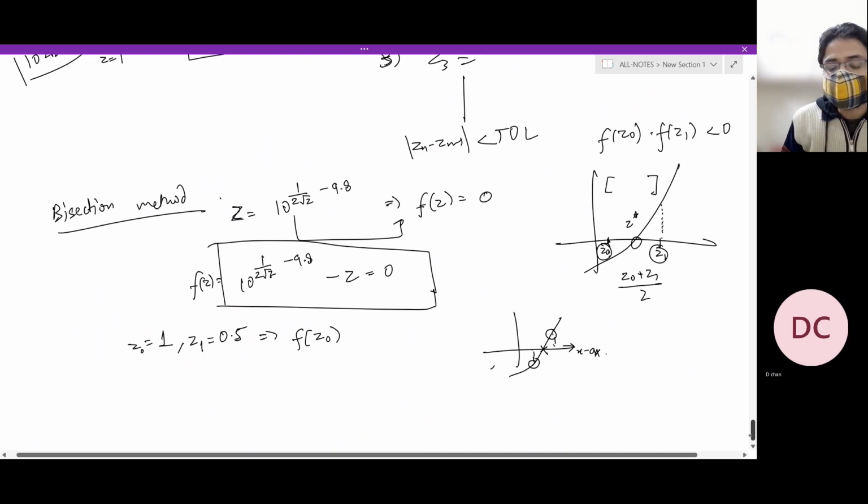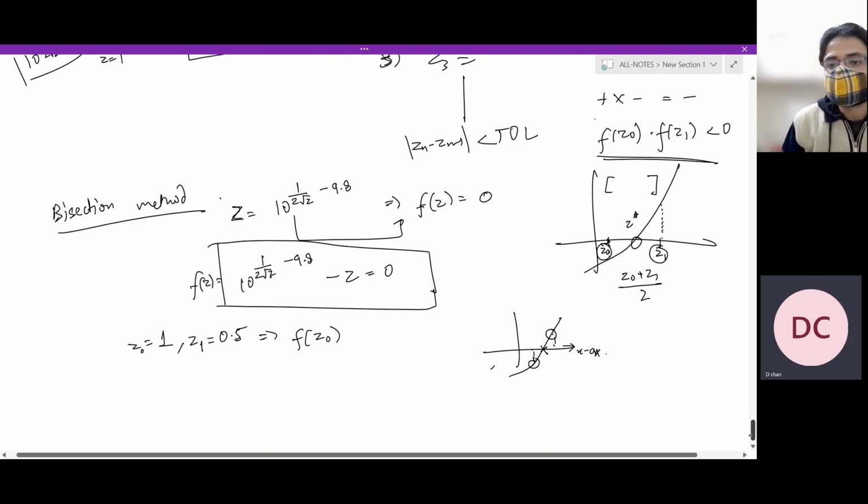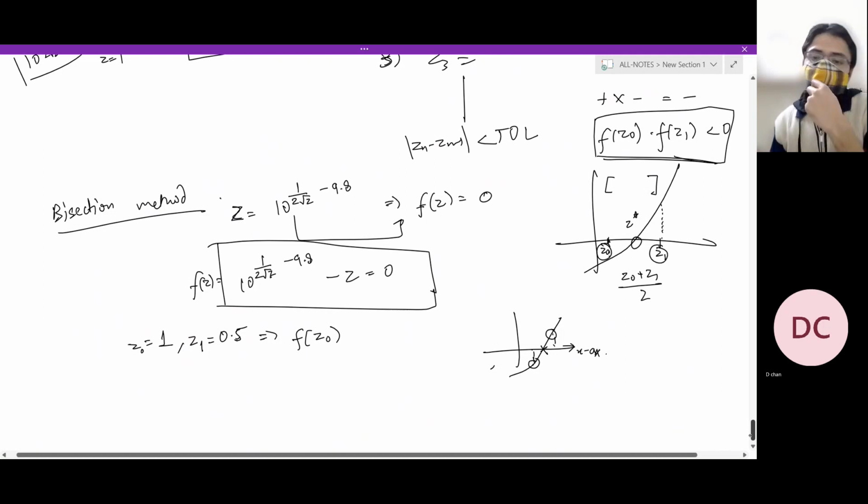To know if we are bracketing our root, you multiply both of them. This is just like plus into minus is always minus. So we are using this technique to ensure that our root is being bracketed right here.